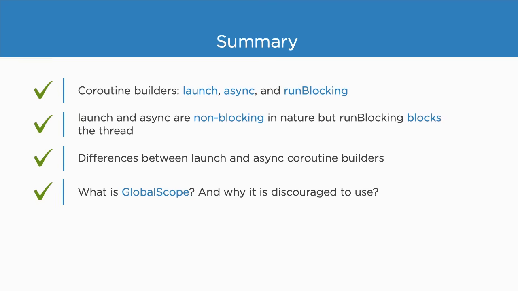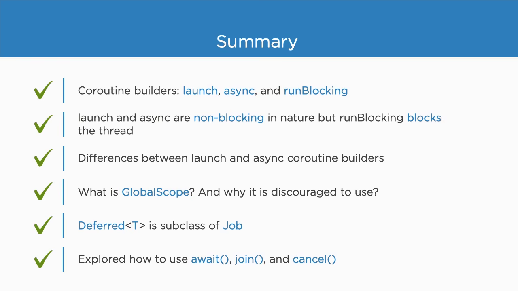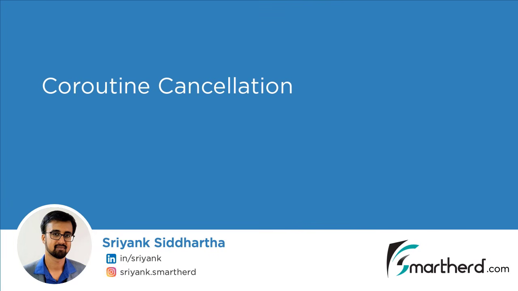Then we explored what the GlobalScope companion object is and why you should avoid using it. We also saw the usage of the Deferred object, and it is actually a subclass of the Job interface. Also, we explored how to use await, join, and cancel functions. Hey, but wait, we did not explore much about this cancel function, because cancelling a coroutine is a huge topic of discussion. So for that, you must watch the next chapter of this course.